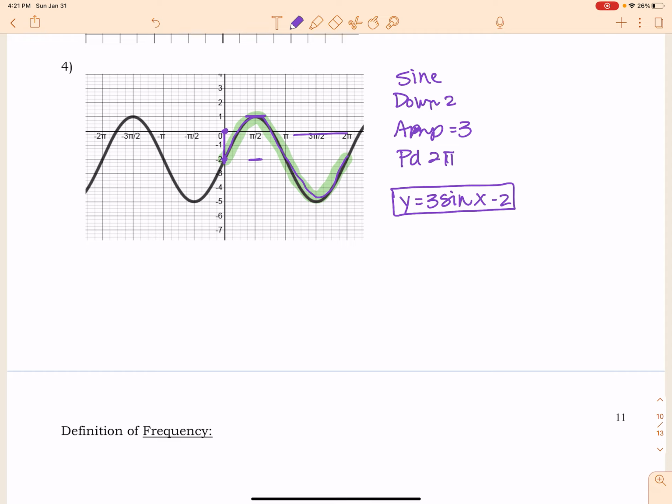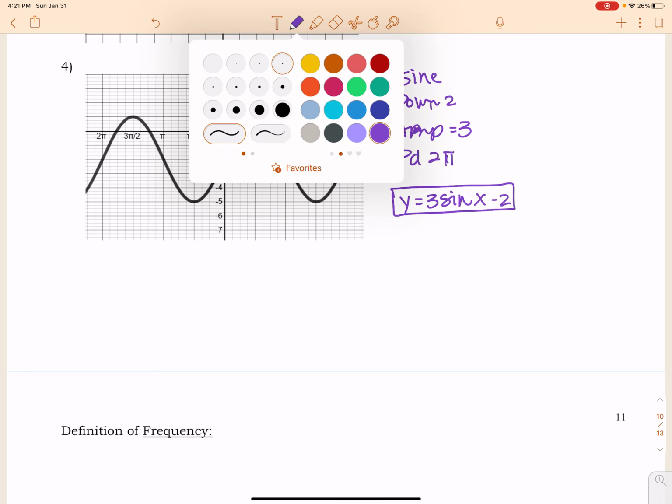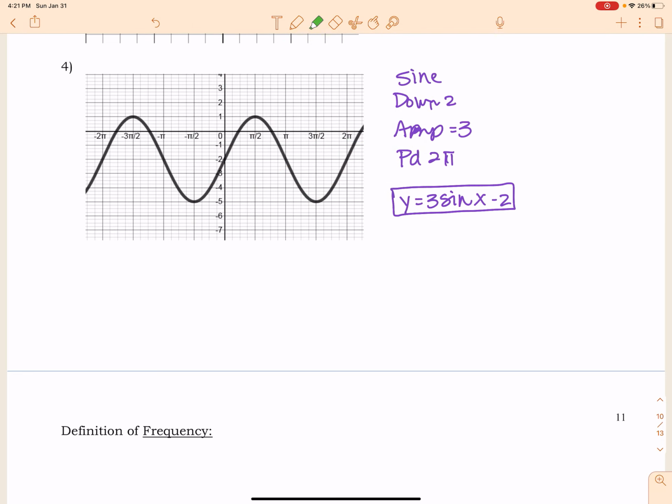Okay, so say you don't see the sine function, you see the cosine function. So let's change our color up here, and we will look at it as if it is the cosine function. Well, remember, the cosine function is going to be from the top here all the way down. Oh, I should have used my highlighter.